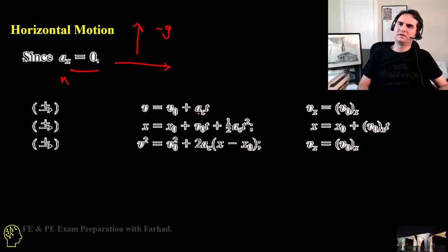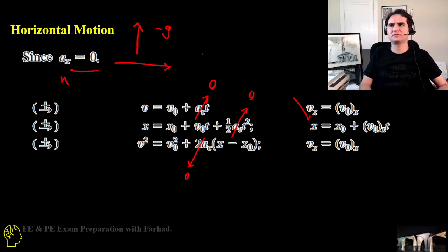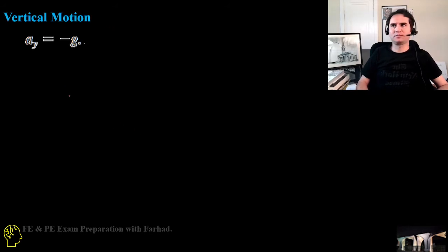When acceleration goes to zero, vx is equal to v naught, and x is equal to x naught plus v naught times t. Again this part goes to zero, so vx is equal to v naught. So with the same velocity, it travels along the x direction, the x component.